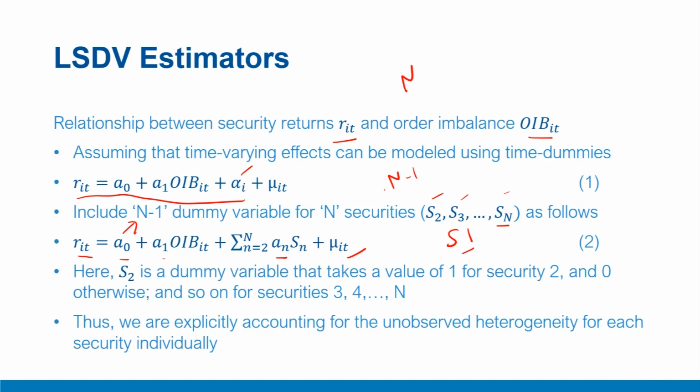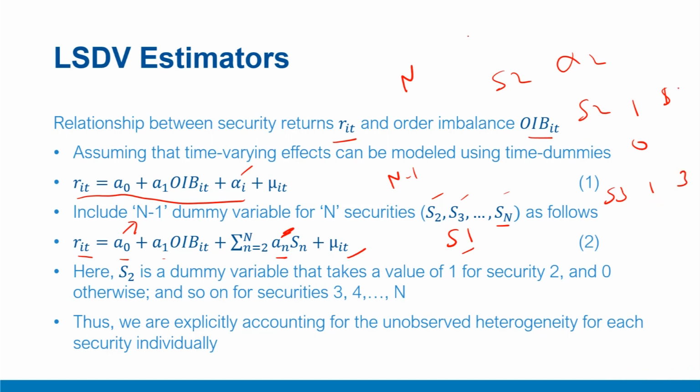Now, how to interpret these dummy variables? For example, the first dummy here is S2 and its coefficient alpha 2. So S2 is the dummy variable that will take a value of 1 for security 2 and 0 for all the other securities, and similarly S3 will take a value of 1 for security 3 and 0 for all the other securities, and so on.